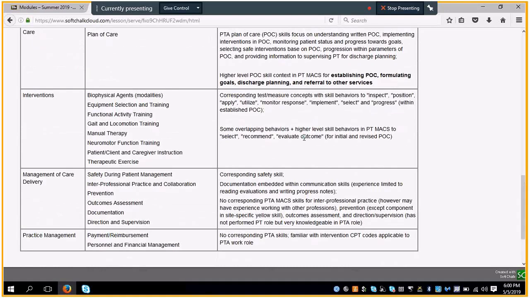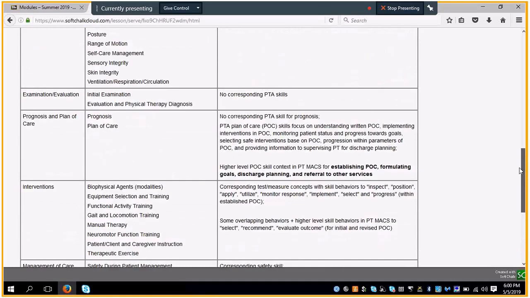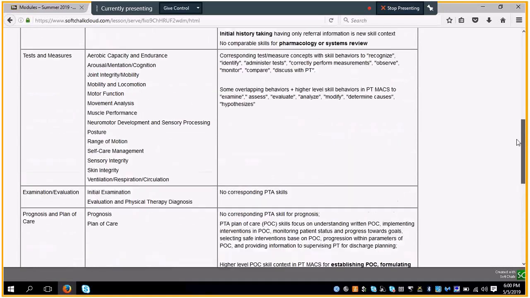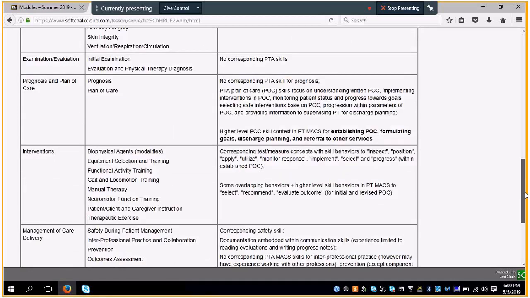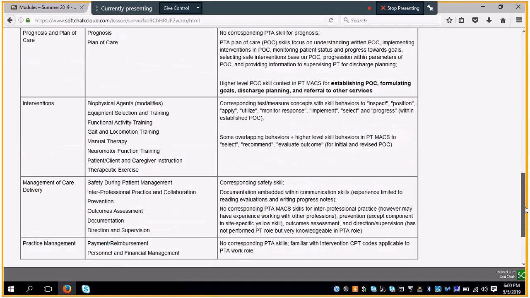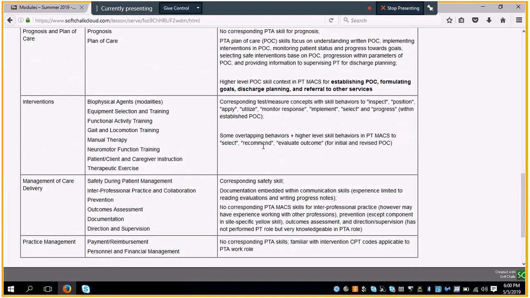Interventions, it's similar in comparison to the test and measures here, where we see similar skill topics, and we just see an elevation in the behavior level that is expected. So again, now we're going to evaluate, select, make recommendations.